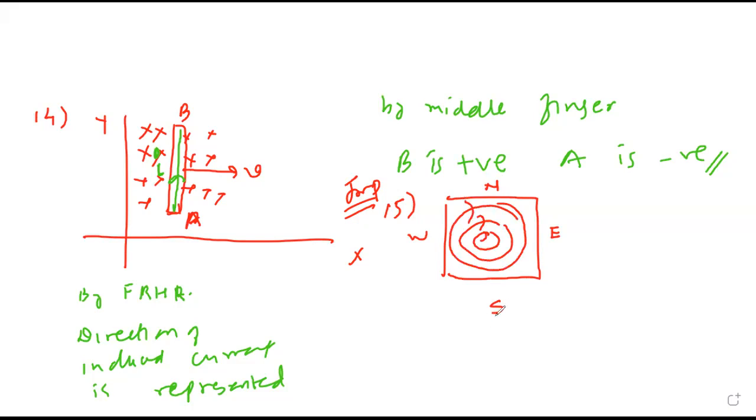Sheet of metal is placed in the magnetic field which changes from 0 to maximum. That means field is increasing as per the information. Field is increasing because 0 to maximum is increasing.